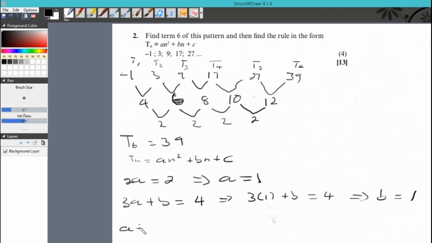Then a plus b plus c is equal to minus 1. Substituting a and b, 1 plus 1 plus c equals minus 1, which implies that c is equal to minus 1 minus 2, which is minus 3. Therefore Tn is equal to n squared plus n minus 3, right?